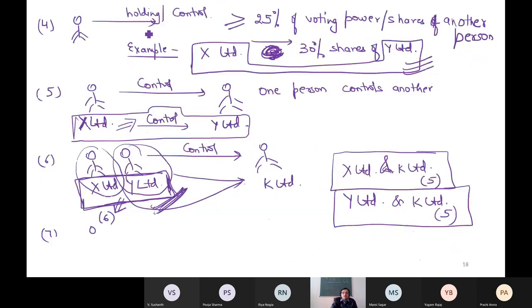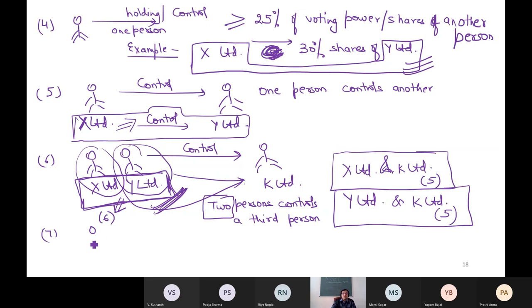In this case, one person is having more than 25% voting power of another concern. What was point 6? Two persons control a third person. So these two are related.